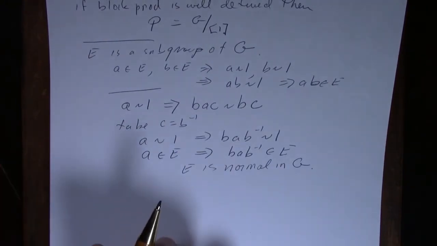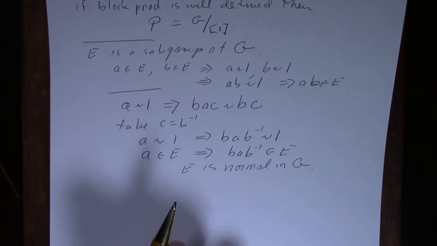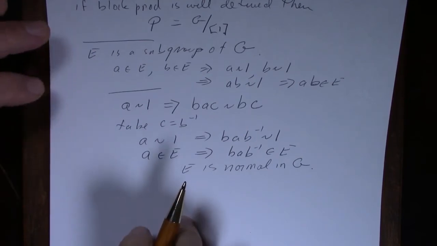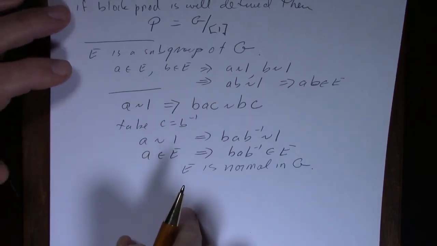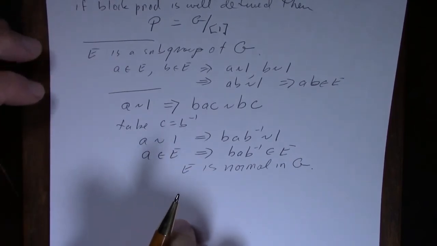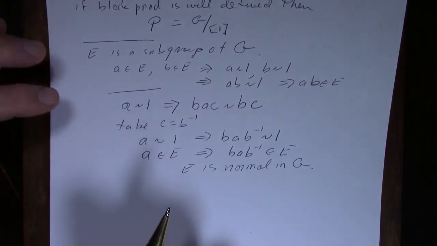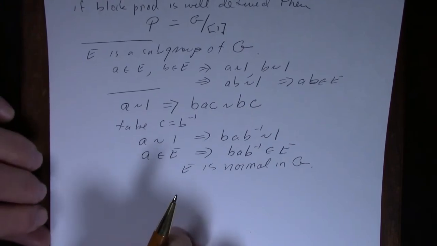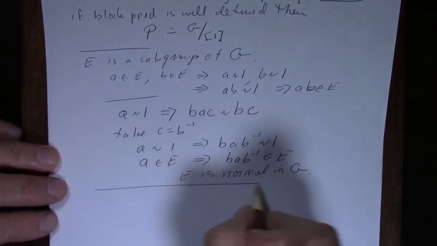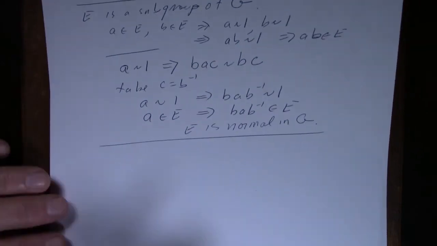So if the block product is well defined, if we expect to have a quotient group using the blocks of the partition, then not only must all the blocks be cosets of the special block, but the special block must be a normal subgroup. Okay. So let me write that down.